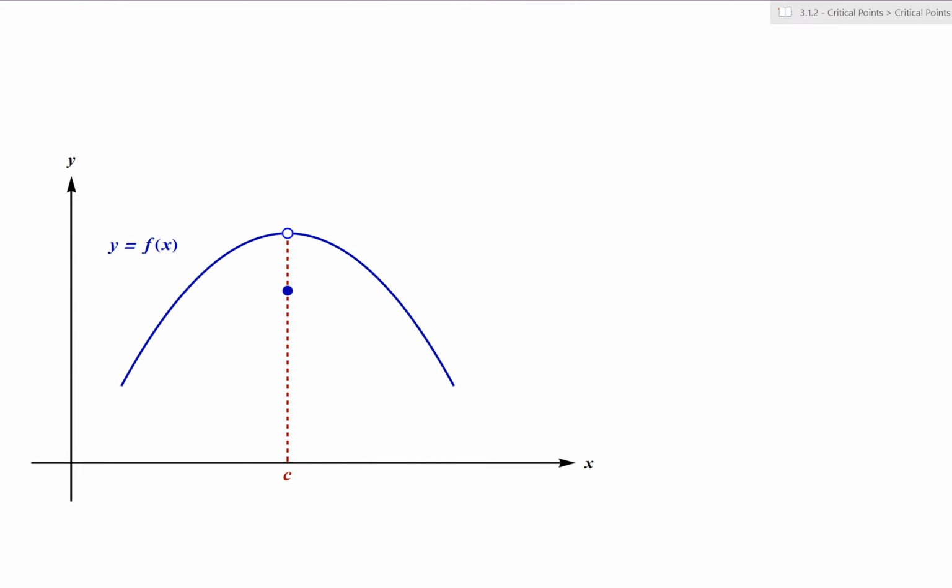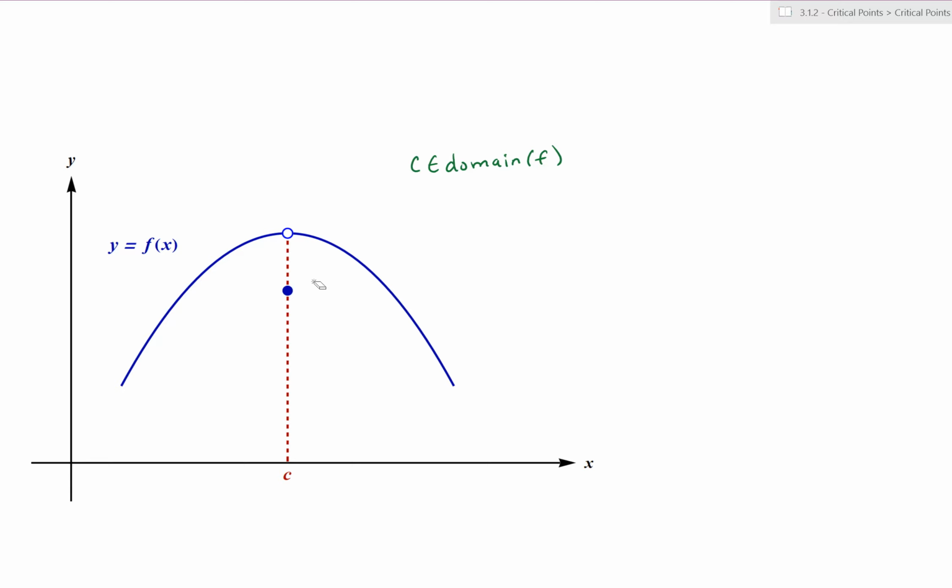Here is one in which we have a discontinuity happening at x equals c. So first thing to note, c does belong to the domain of the function here. It is defined. There's the value right there, whatever that output value happens to be. So it is in the domain.